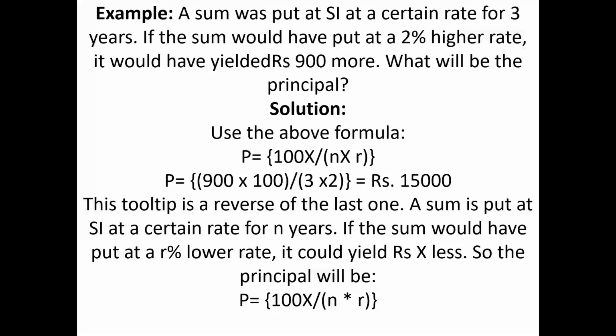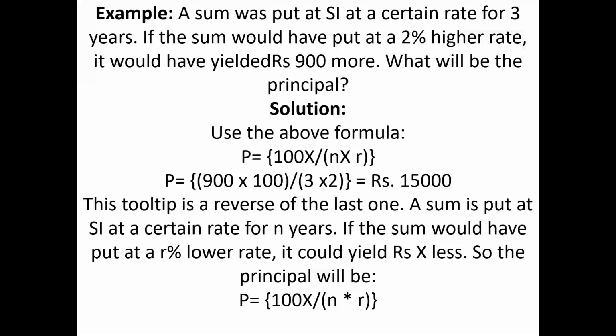And x becomes 900, because the yield is given as rupees 900 more. So if we calculate 900 into 100 by 3 into 2, we get the output as 15,000 rupees.